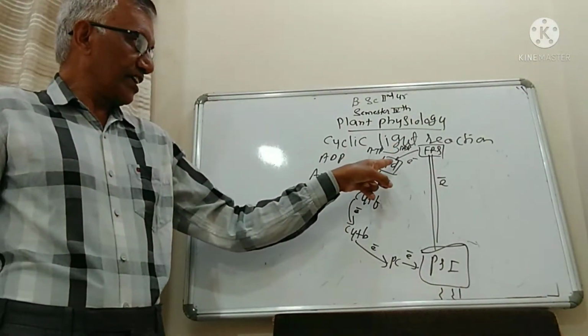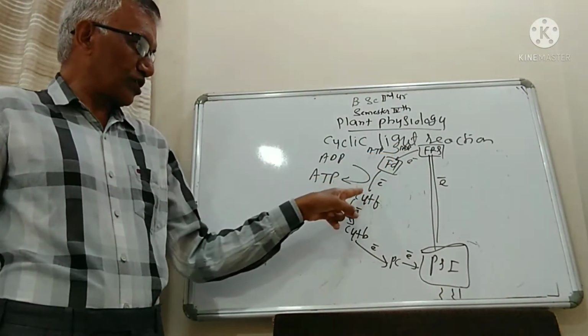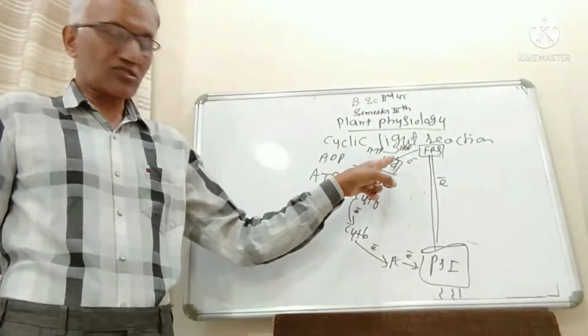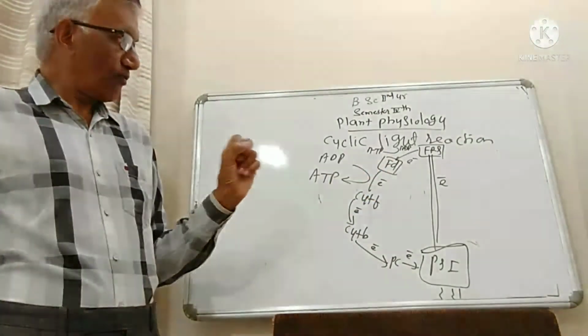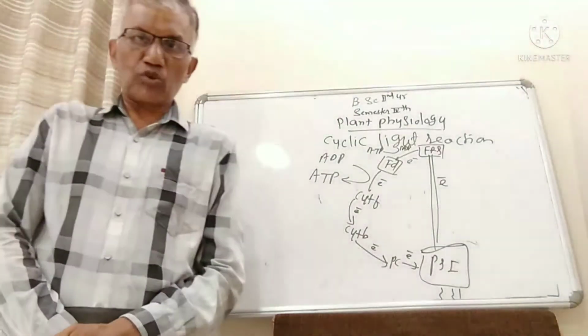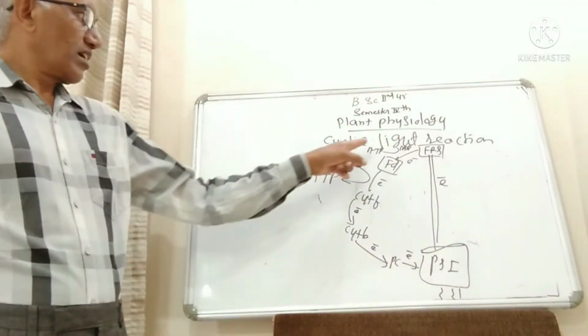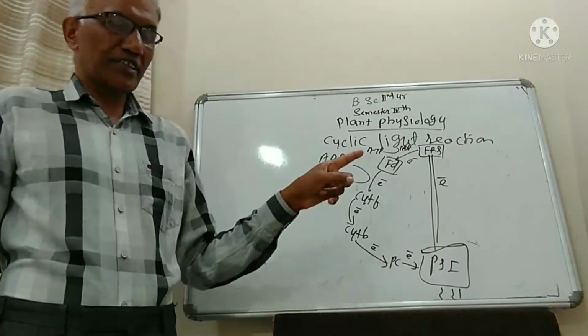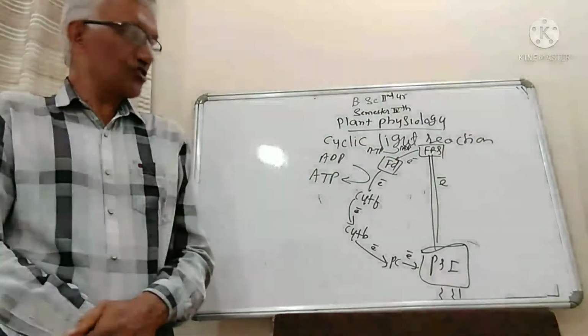From FD the electron goes to cytochrome F. While the electrons move from FD to cytochrome F, the ADP molecules which are present in the chloroplast, by adding one inorganic phosphate, get converted into ATP molecules.